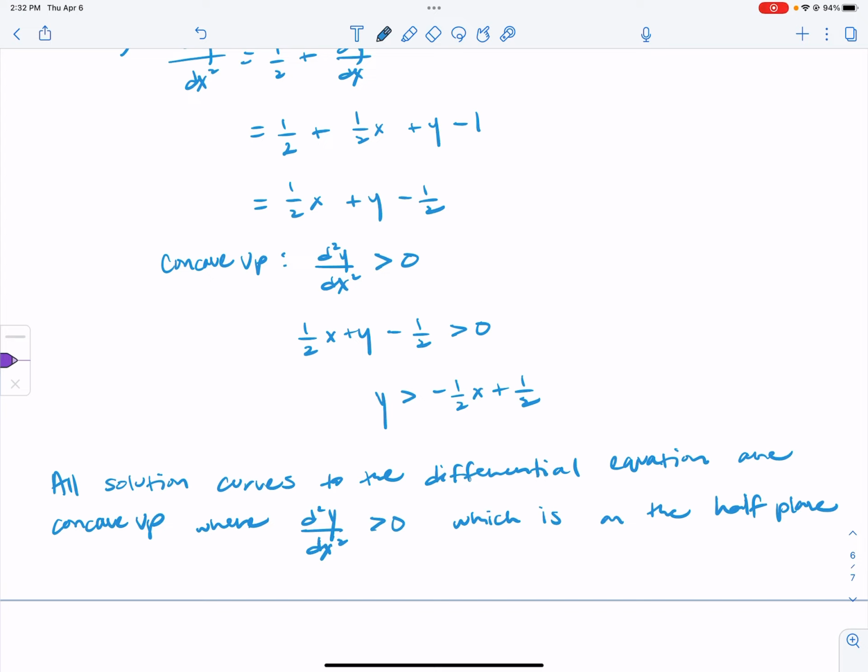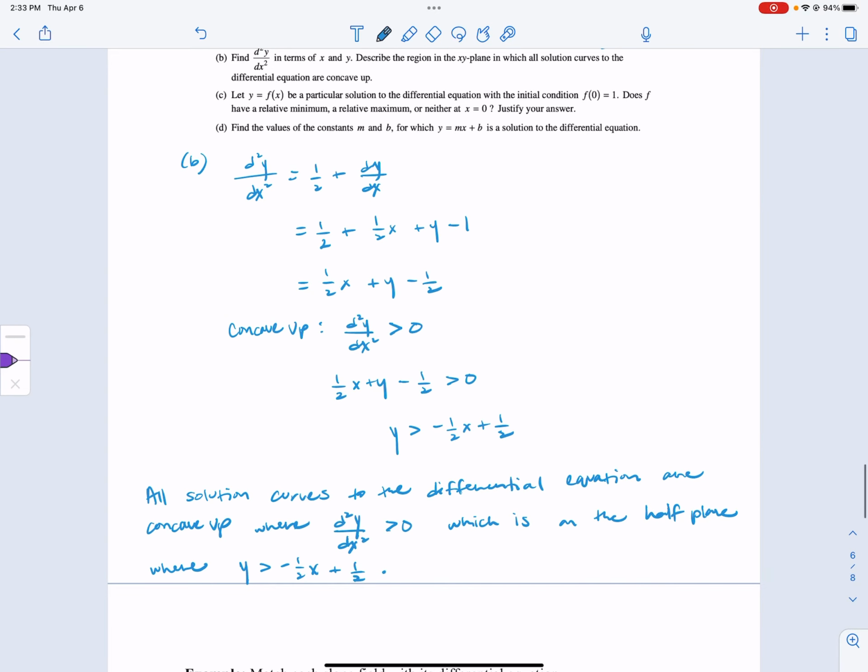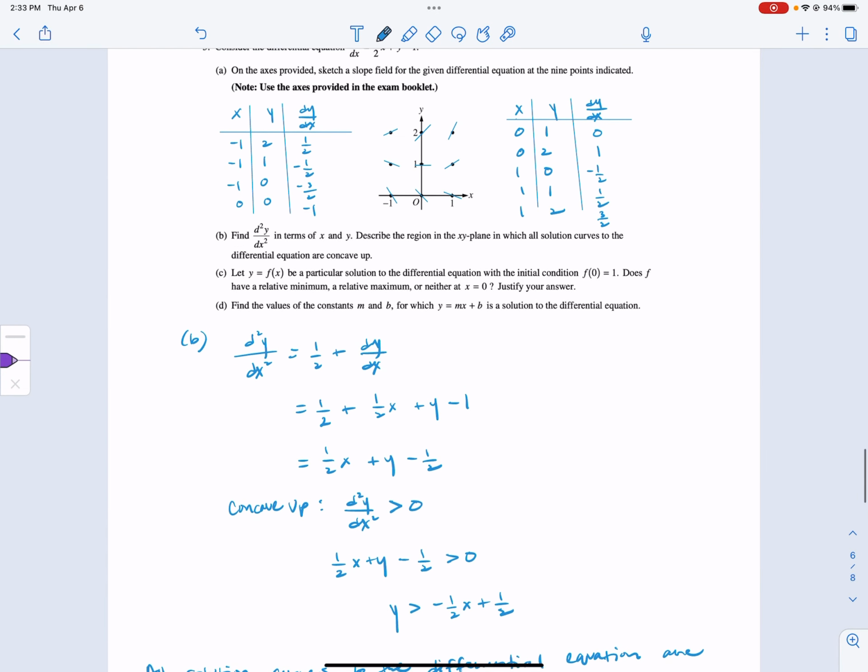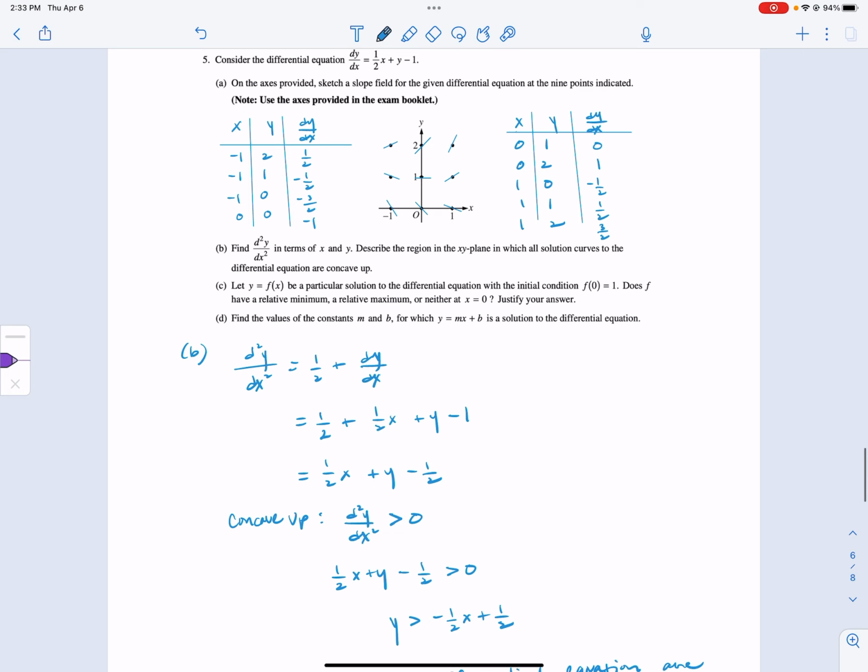So on the half plane shaded above that line, which is the half plane where y is strictly greater than negative 1/2 x plus 1/2, wherever that's true, all the x, y coordinates where that is true would be where the solution curves are concave up, look like a cup.